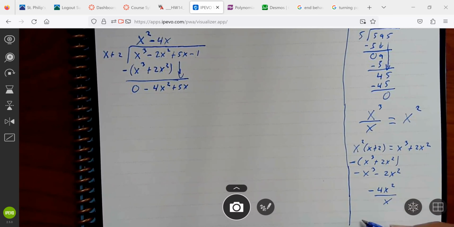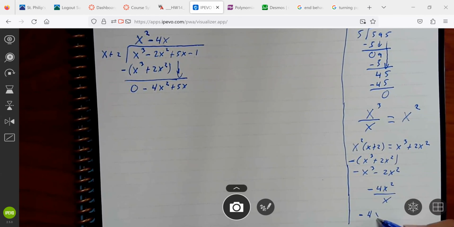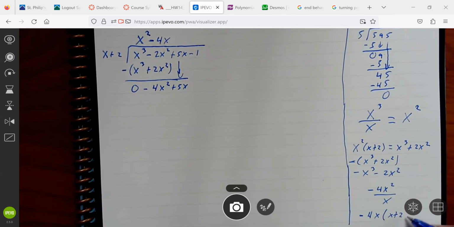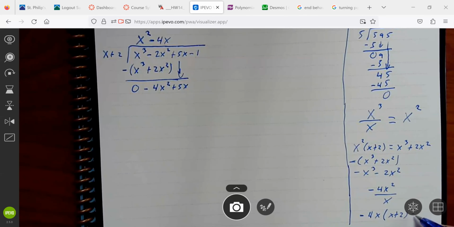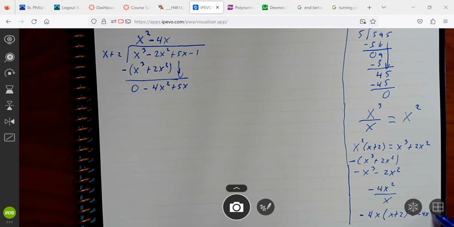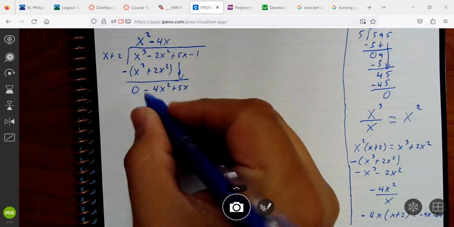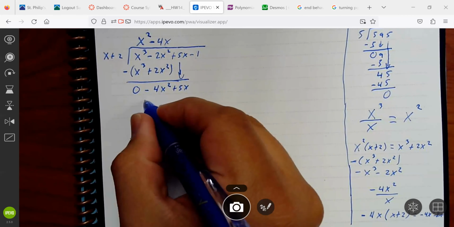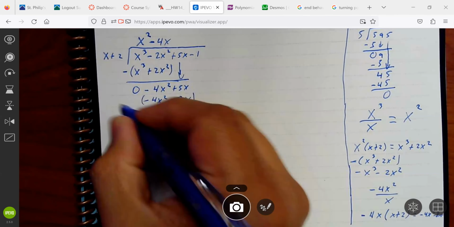Now we do minus 4x times x plus 2. That'll give us negative 4x squared minus 8x. So negative 4x squared minus 8x, but subtract it.